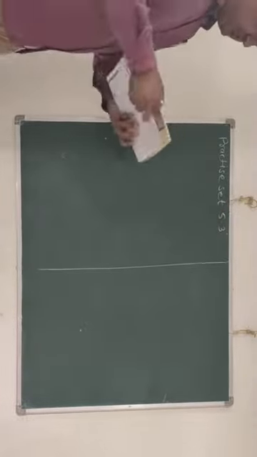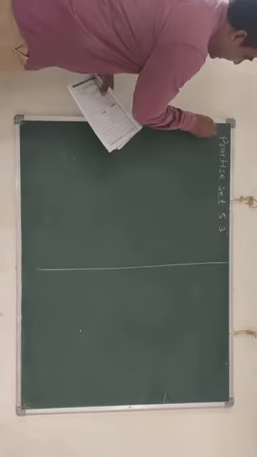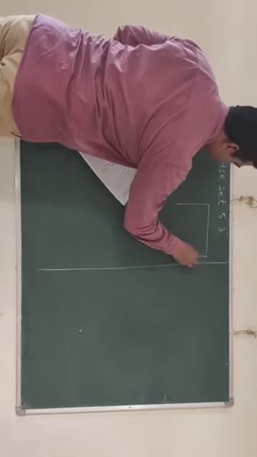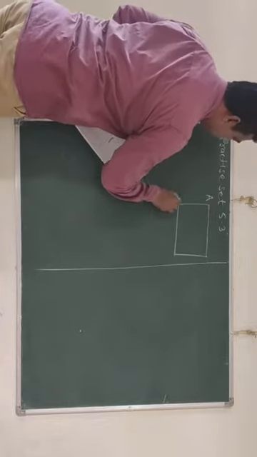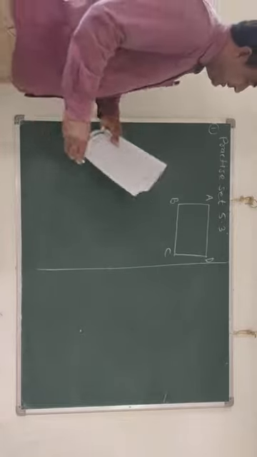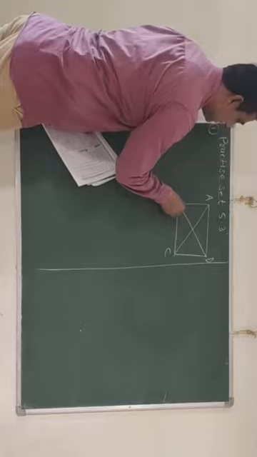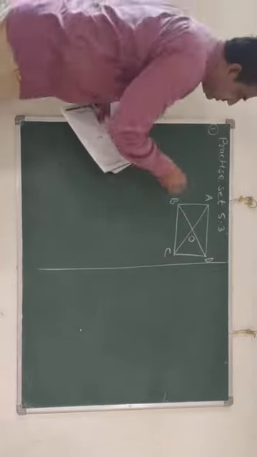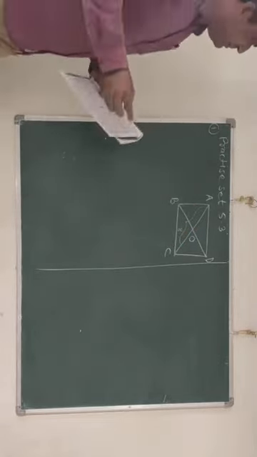Your first question: diagonals of rectangle ABCD intersect at O. If AC equals 8, this portion is 8, find BO.